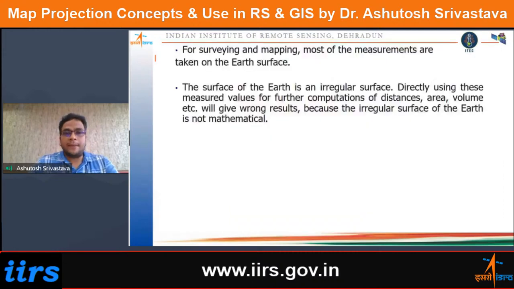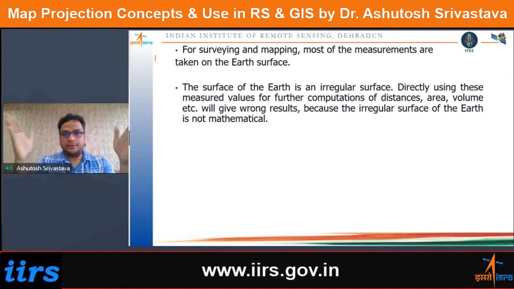So for surveying and mapping, most of the measurements are taken on the Earth surface, and the surface of the Earth is an irregular surface. Directly using these measured values for further computation of distances, area, volume will give wrong results because the irregular surface of the Earth is not mathematical.